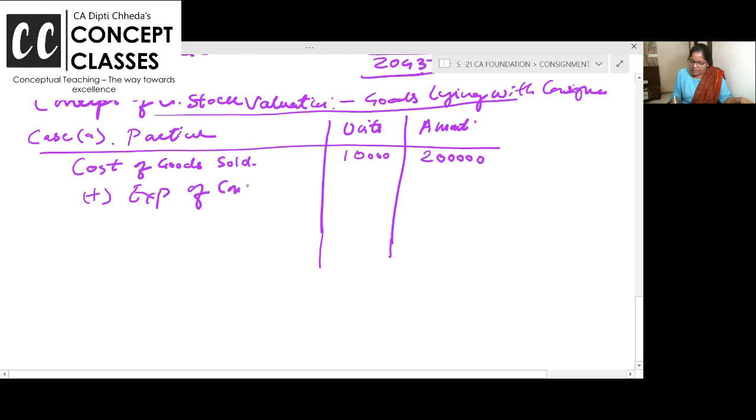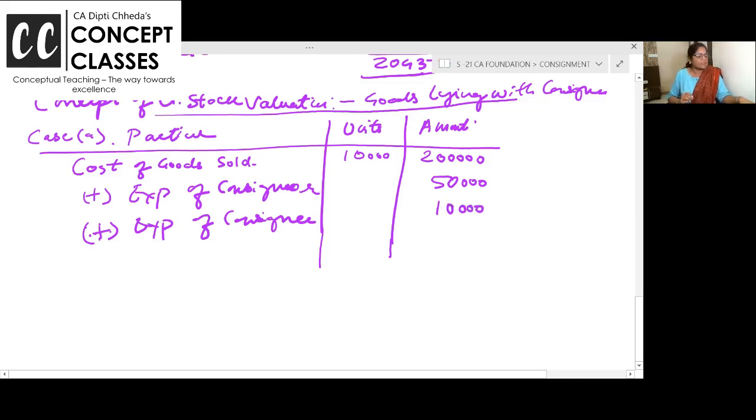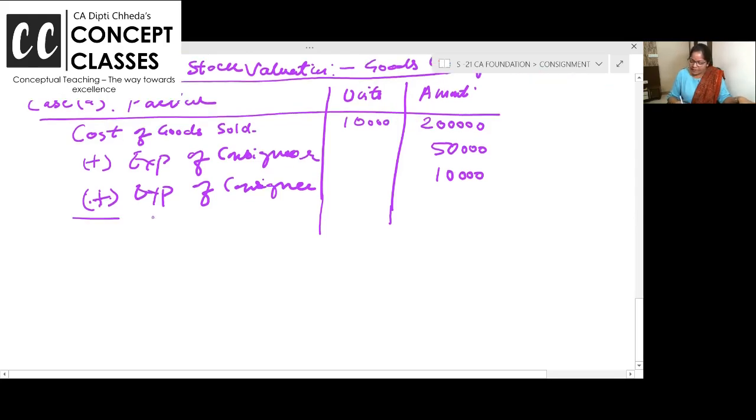Expense of consignor: when I am sending the goods on road, transport, insurance, 250, I am incurring. We will take it. Now, the consignee. Before the goods reach your godown, expense of consignee are given. This is consignee's: 1 rupee per unit. So 10,000 rupees. Okay? Right. So we will take this.